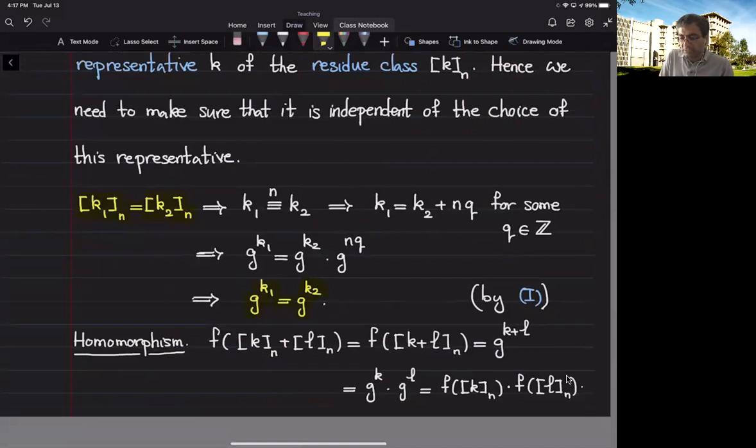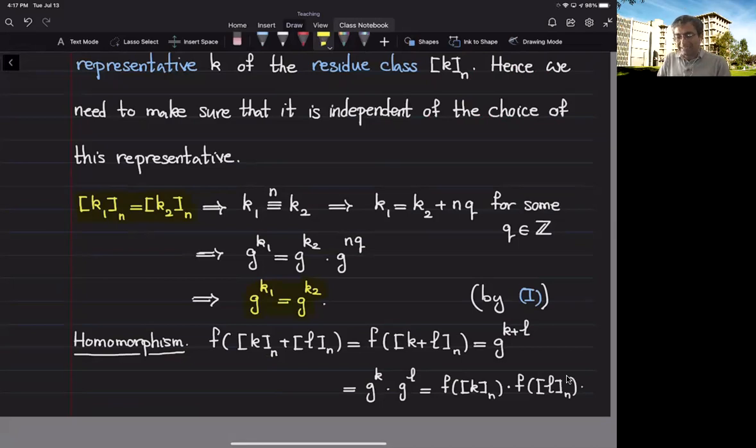I start from this equation and I want to get to this equation. But let's try to go one step at a time. What does this equation mean? We know that k1 and k2 have the same equivalence classes precisely when they are related to each other. In this case, equivalence relation means congruent modulo n.